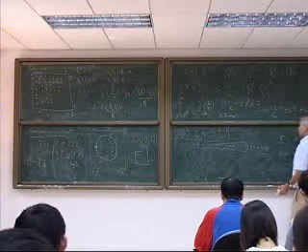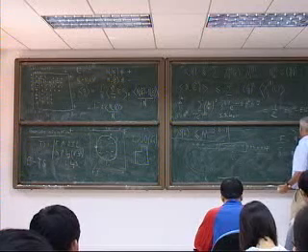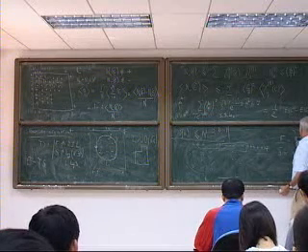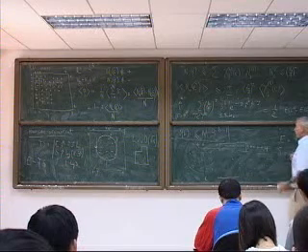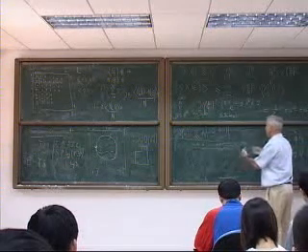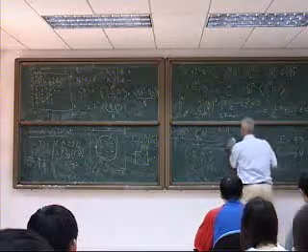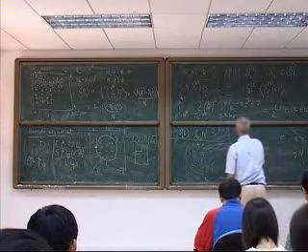So here the entropy always wins. This is finite, this is much larger. And therefore the system has interest to create bubbles. In fact, the system will create many bubbles.